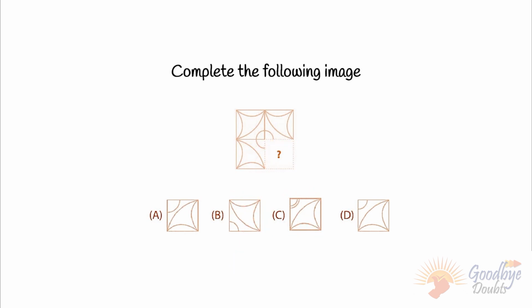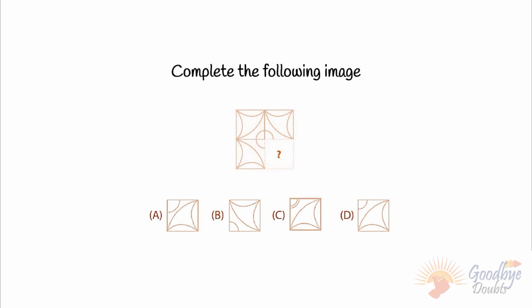The remaining options are A and D. A and D look almost similar. The only difference is that option A has this a little bigger and D has this a little smaller, and as we see, this also is a small one. So the correct answer will be D.